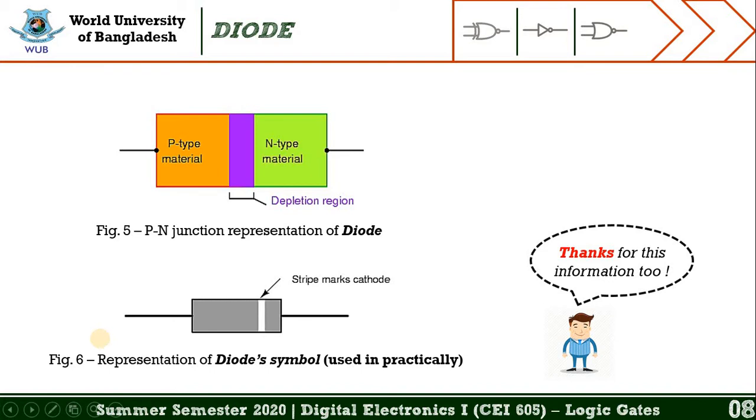If you look at figure 6, you will find the practical symbols of a diode. You can see there is a stripe that marks the cathode. The right side of the stripe is the cathode, and the left side is the anode. So let's move into the next slide.